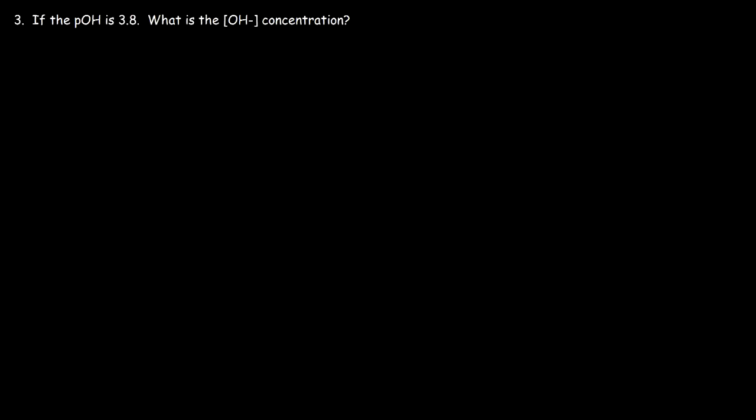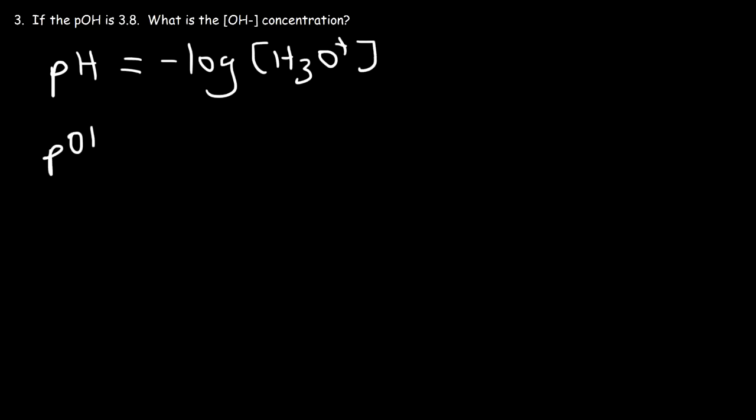Number 3, if the pOH is 3.8, what is the hydroxide concentration? Now, we know that the pH is equal to the negative log of the hydronium ion concentration. So therefore, it stands to reason that the pOH must be equal to negative log of the hydroxide concentration.